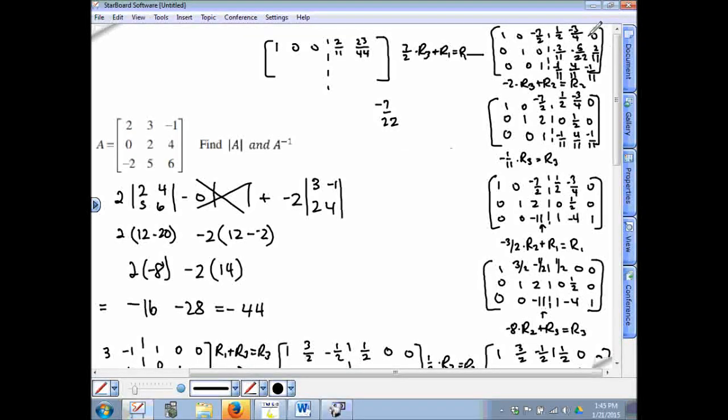We have to add that to 0, which is negative 7/22. And that's the inverse right there.